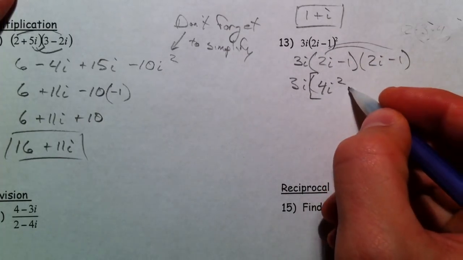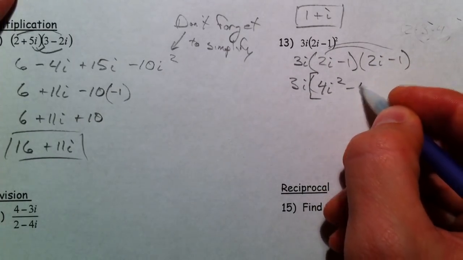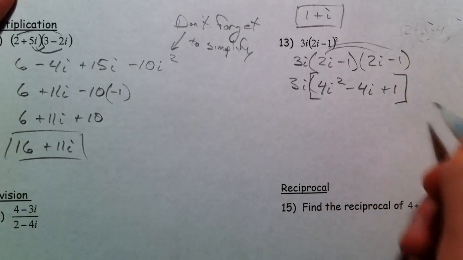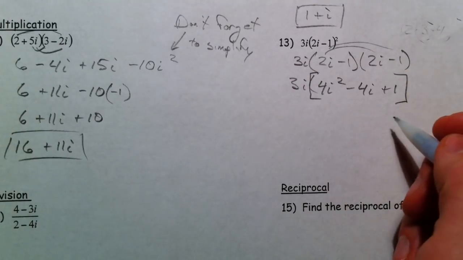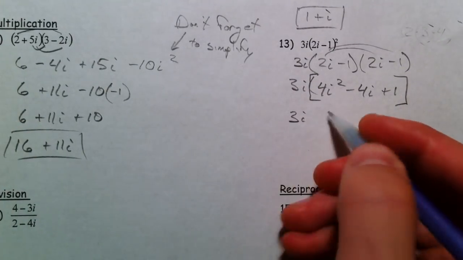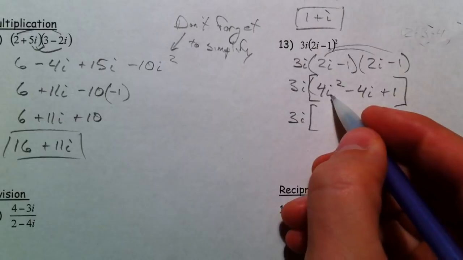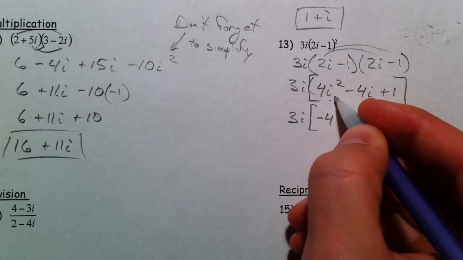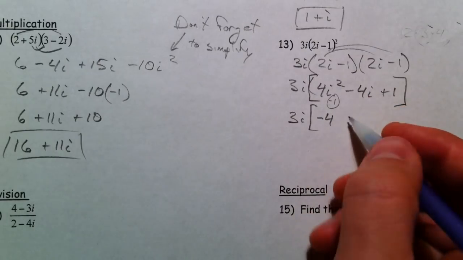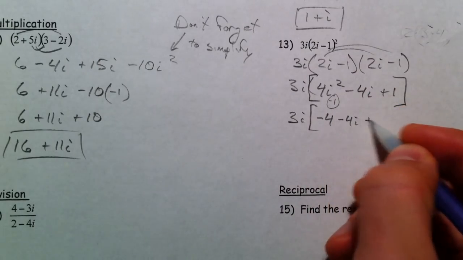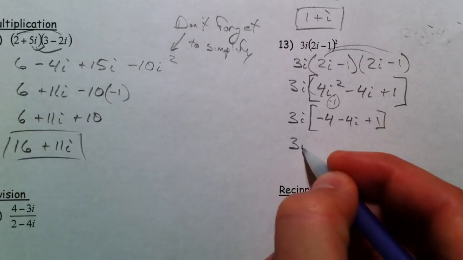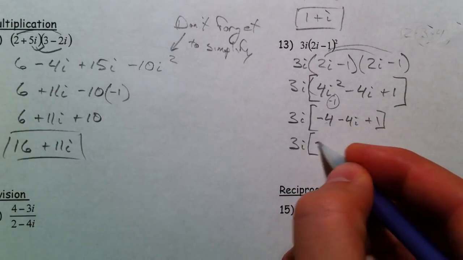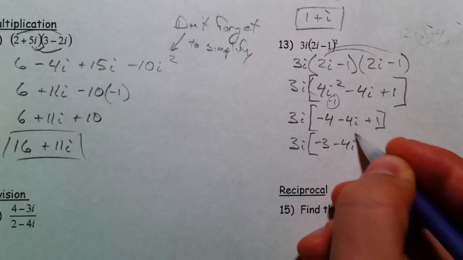And then I get a minus 2i and a minus 2i, so that's minus 4i and plus 1. I'm going to simplify this already, because 4i squared is negative 4, because that's a negative 1. Minus 4i plus 1. So 3i times that is the same thing as negative 4 plus 1 is negative 3 minus 4i.